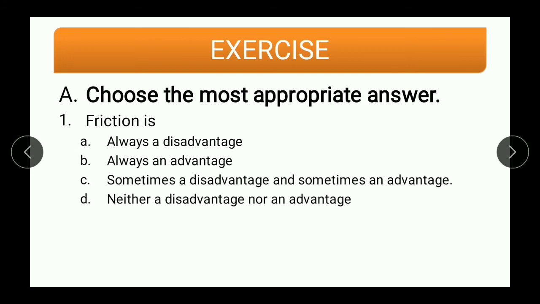So these are the options. What do you feel is the correct answer? क्या लगता है आपको कौन सा आंसर करेक्ट है? The correct answer is sometimes disadvantage and sometimes advantage. कभी कभी disadvantage भी होता है, कभी कभी advantage भी होता है. So correct option is C.